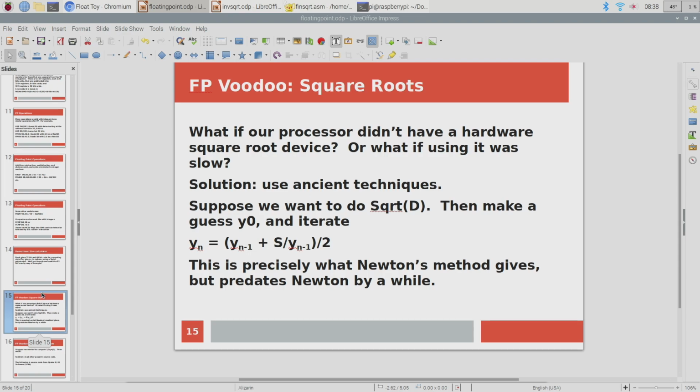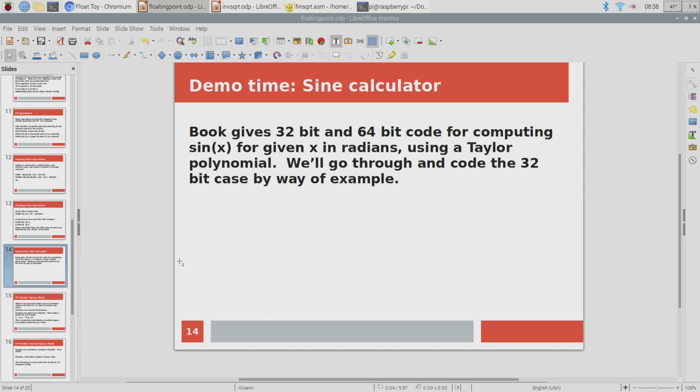I want to talk about a little bit of floating point voodoo. Let's take, just for sake of example, the square root of 2. What is that as a decimal approximation? 1.414 blah, blah, blah, right?